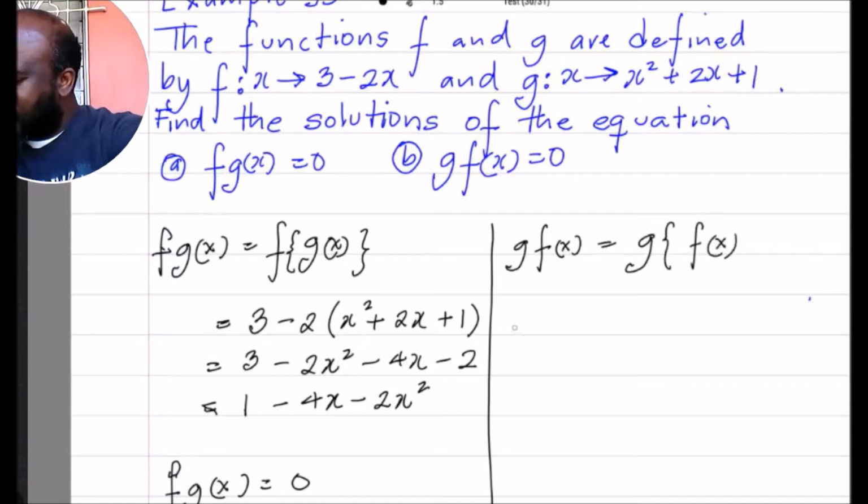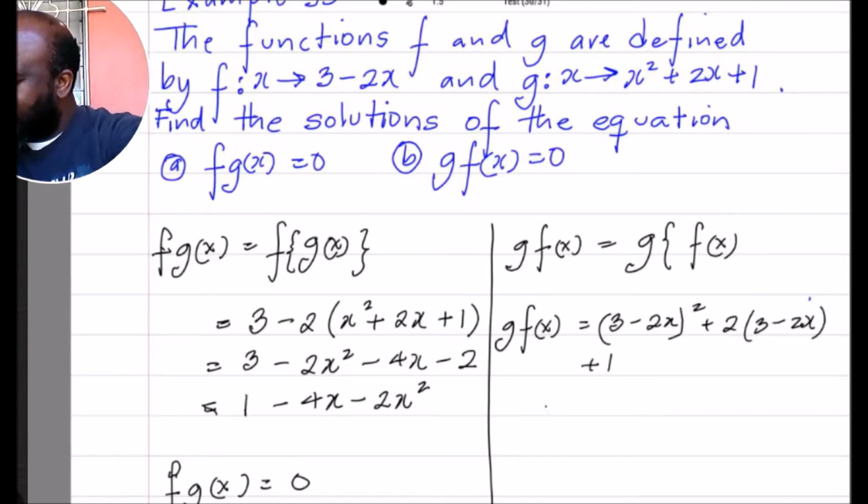So g of f of x would be, in g, x squared, and we take out x and put 3 minus 2x, squared, plus 2 times 3 minus 2x, plus 1.